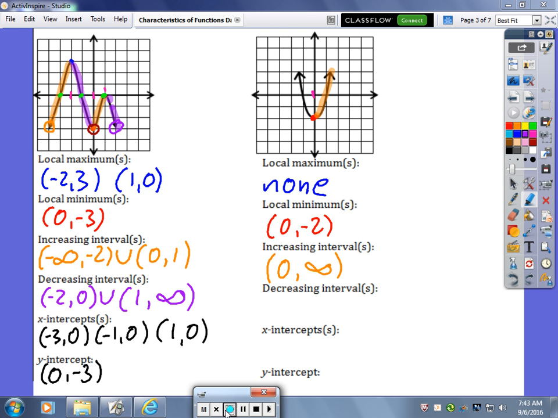And we also have a decreasing interval. The decreasing interval right here goes from negative infinity to 0.